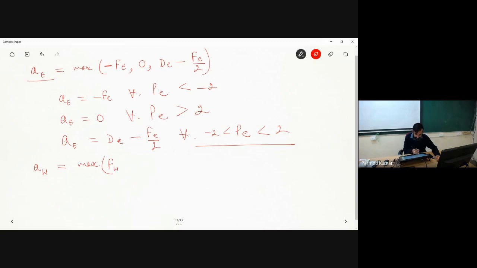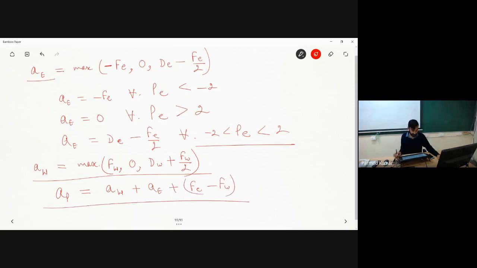It will be the maximum of FW, comma 0, comma DW plus FW divided by 2. Okay. So this is what you will be getting for the coefficient of AW, and the coefficient of AP is nothing but equal to, as we have seen earlier also, AW plus AE plus FE minus FW. So this will be your coefficient for AP. Okay.